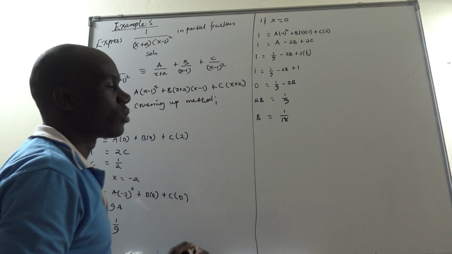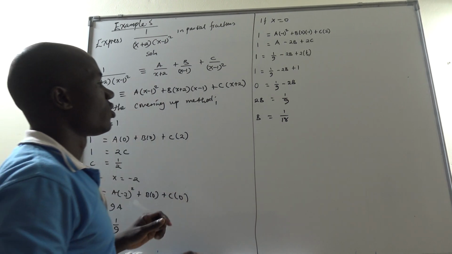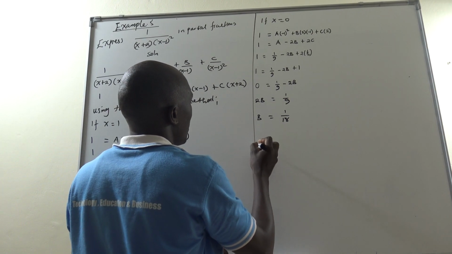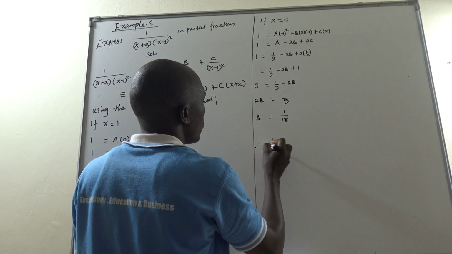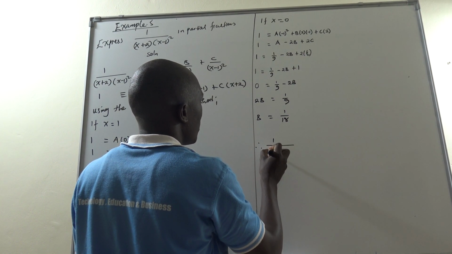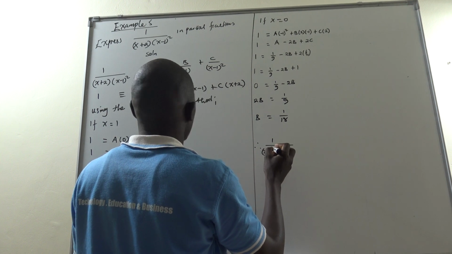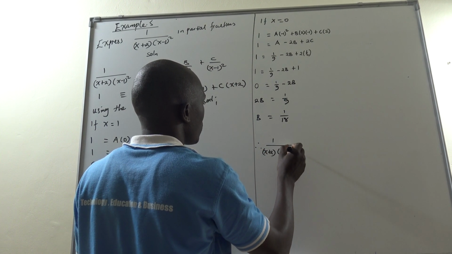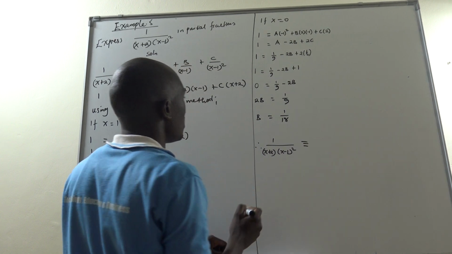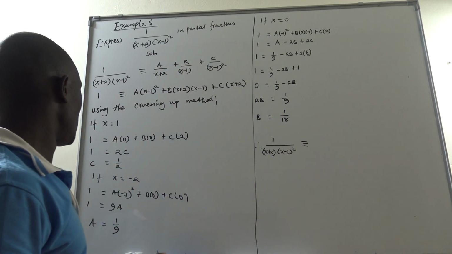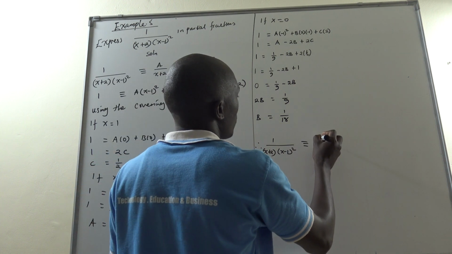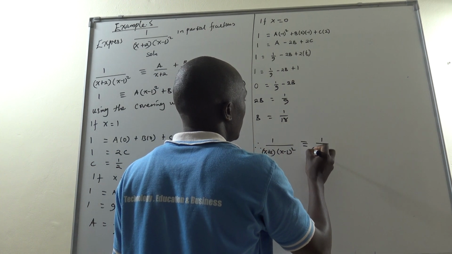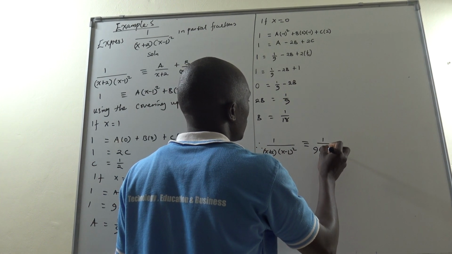After coming out with B, we are free to substitute. We say therefore 1 all over (x plus 2)(x minus 1) squared is the same as, do we know the value of A? A is 1 over 9, so we get 1 out of 9 into (x plus 2).